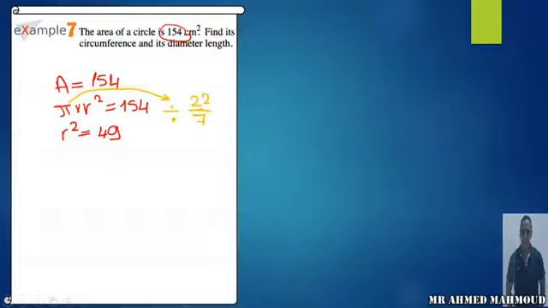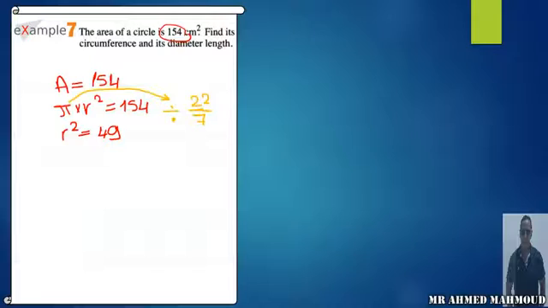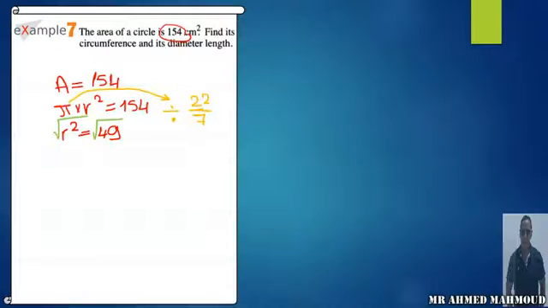Then I'm going to take square root for both sides. Then r equal 7 centimeters. Now I need to find its circumference and its diameter.